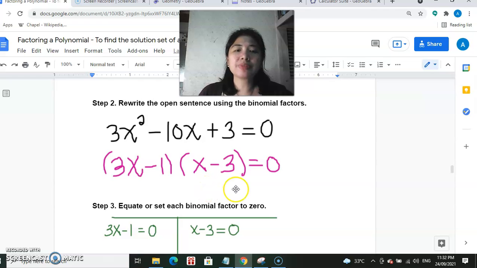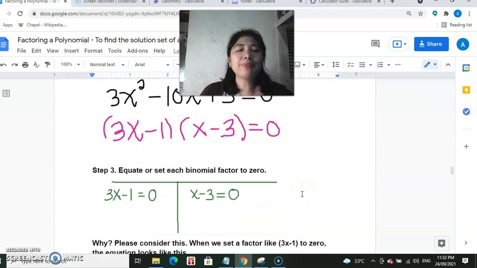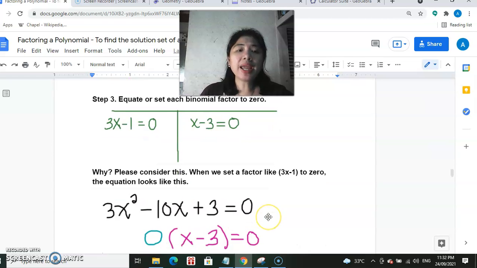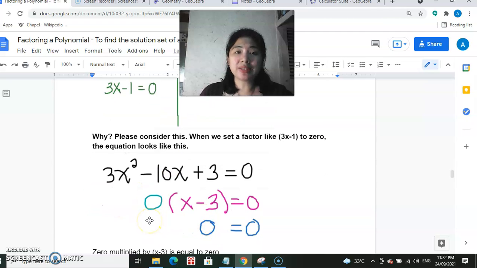and x minus 3. Okay, so step 3, we will equate or set each binomial factor to 0. So 3x minus 1 is equal to 0 and x minus 3 is equal to 0. Why? Please consider this. When we set the factor like 3x minus 1 to 0, the equation will look like this.